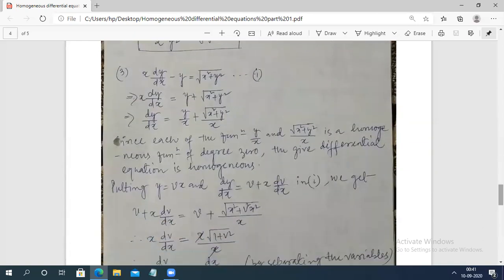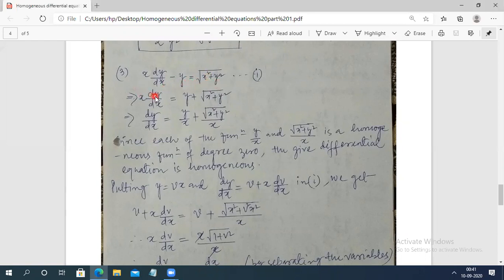Now let's have a look at the next question, that is question number 3. This is the question: x dy by dx minus y is equal to root over x square plus y square.